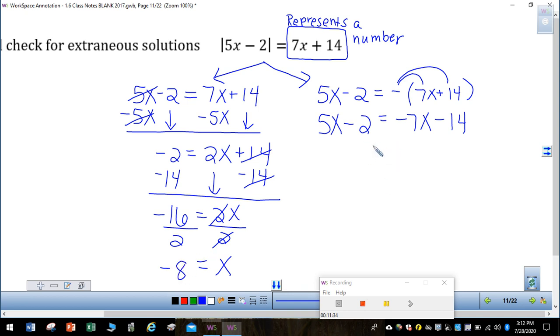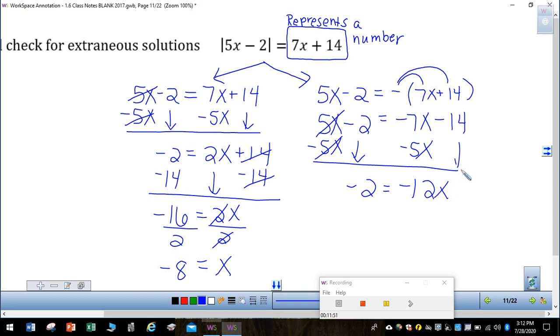All right, similar set of steps on the other side. I'm going to start actually the very same way, subtracting 5x from both sides. This time we have negative 7x minus 5x, so that's negative 12x. Now this time, because it's a minus 14 here, I'm going to add 14 to both sides.